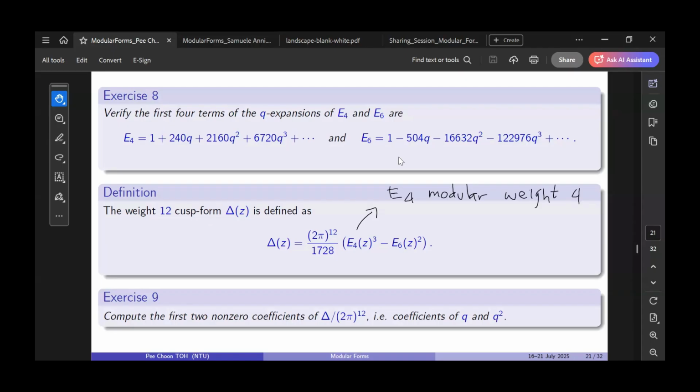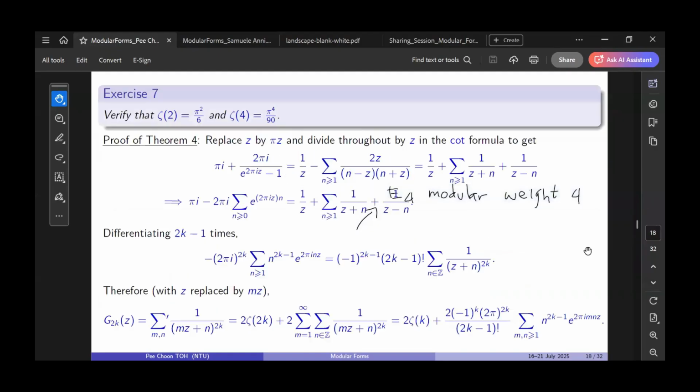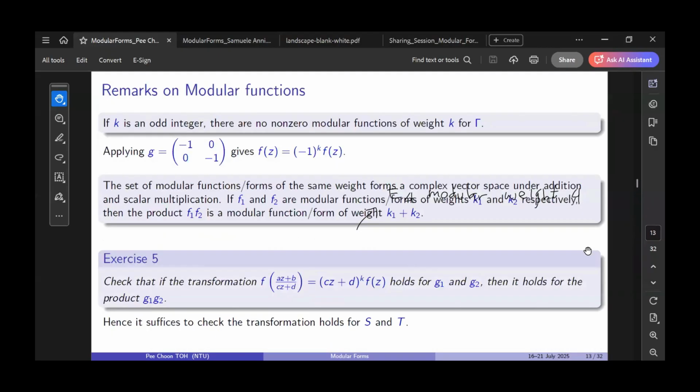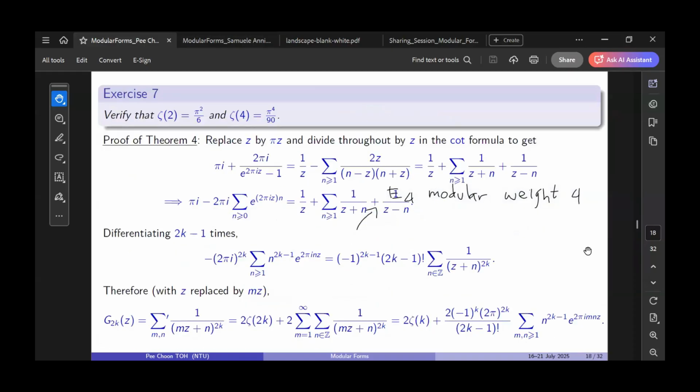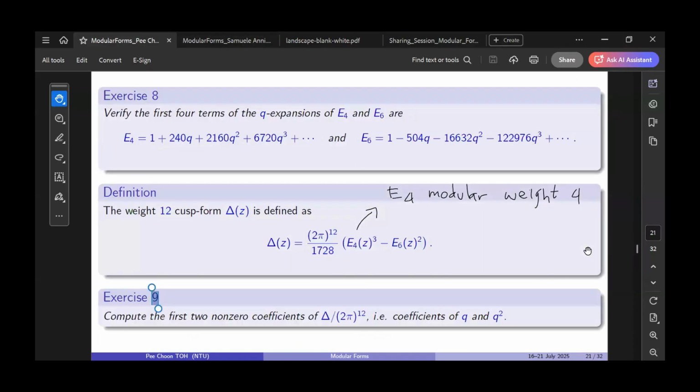And before this, we already have the property that if f1 and f2 are modular functions, then the product is also a modular function, but with weight k1 plus k2. So basically, if we multiply E4 3 times, E4 to the power of 3, we will get a modular function with weight 12.